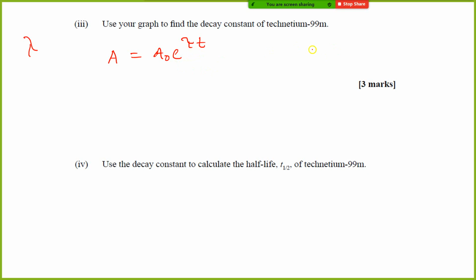The graph that we have is a ln A divided by A naught versus time graph. What we're going to do is restructure this equation so that we have ln on one side and t on the other.